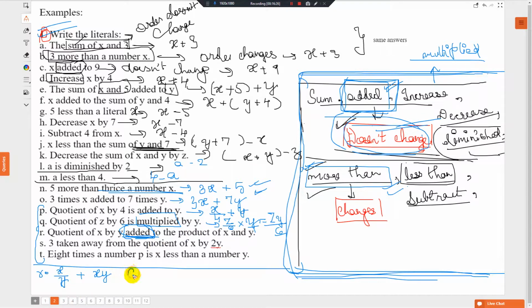Now in S, 3 taken away from the quotient of x by 2y. We'll first do this part. Quotient of x by 2y gives x by 2y.